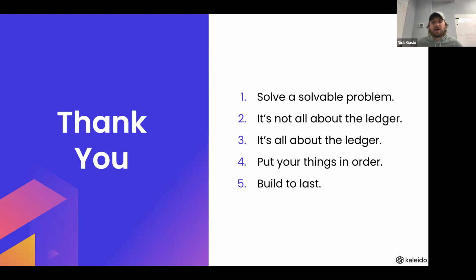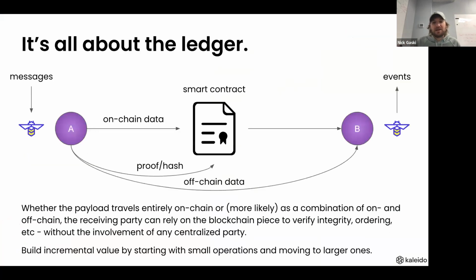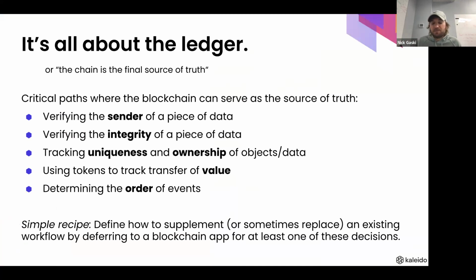Whether it's agreeing upon the integrity of data, or making sure that everyone who needs access to data can confirm that it's been put into a database in the exact same order. So it's really about what type of business process flow is involved in your consortia. How does it work today?